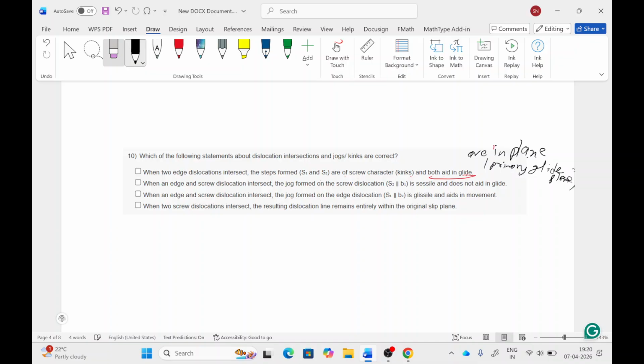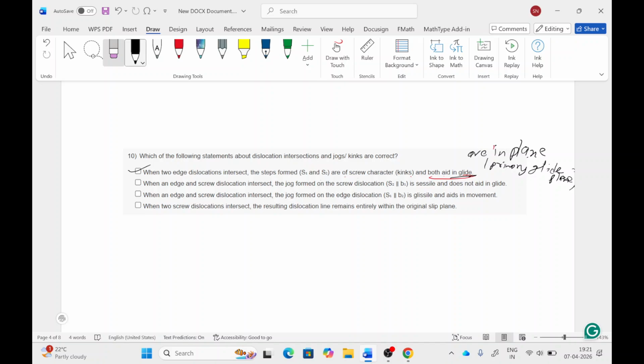So the extra half dislocation line, which are kinks, will further contribute in glide or deformation. So first option is correct.